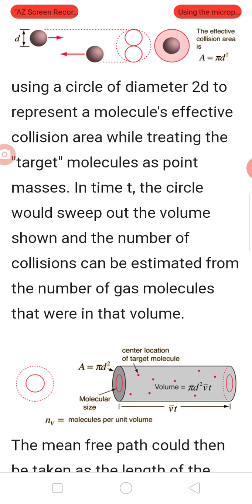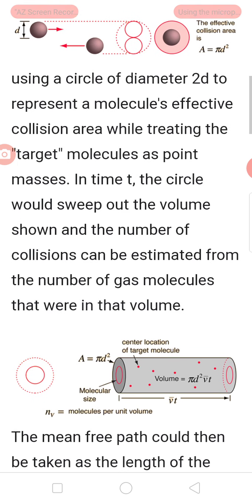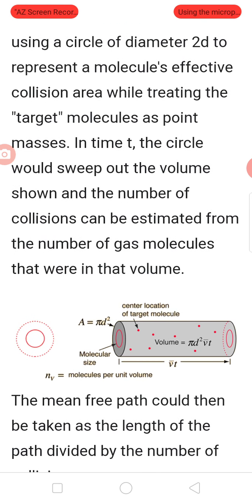Molecules per unit volume are represented by Nv, and its cross-sectional area is equal to pi d square, so the volume will be equal to pi d square into average velocity multiplied by time, per unit time.